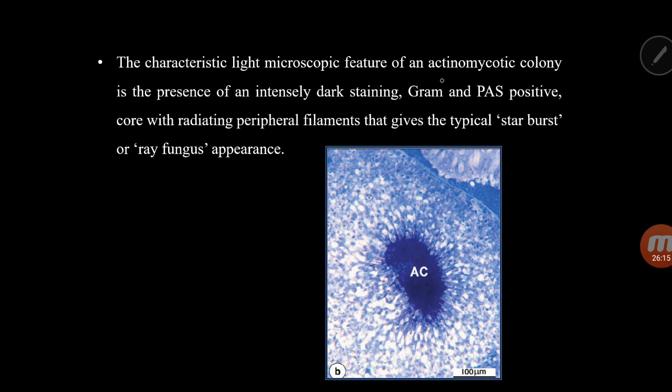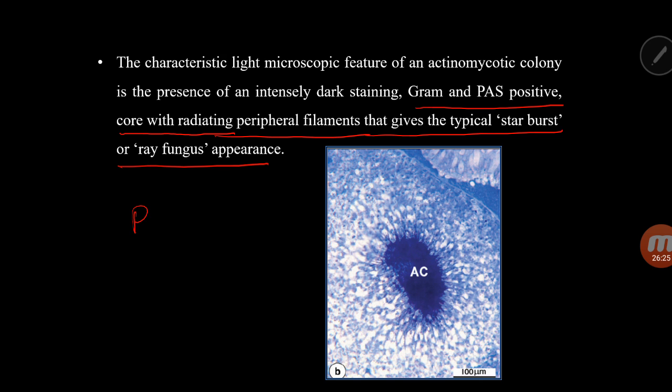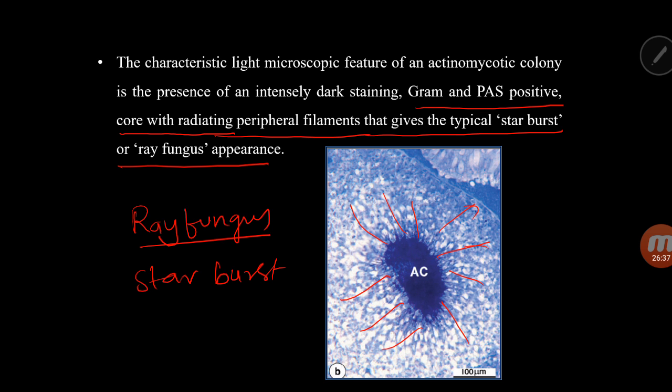And you know that this is gram positive, PAS positive, with a core and radiating peripheral filaments that give a typical appearance called ray fungi, which is also called starburst. This is very, very important, most commonly repeated. You can see them radiating like spikes of a star.